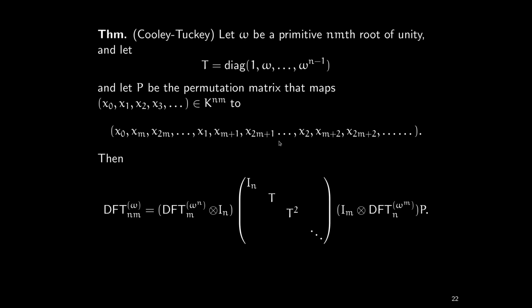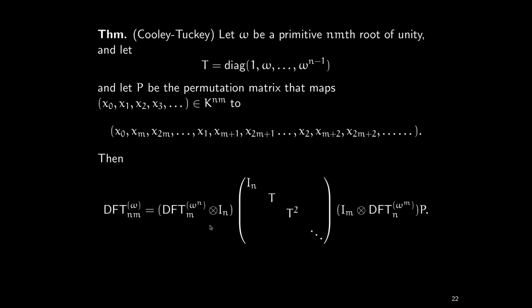Here you get those that are equivalent to 1 mod m, and then equivalent to 2 mod m, and so on. This defines the matrix P, and the statement is that the DFT of size n times m with the root of unity omega can be factored like this.